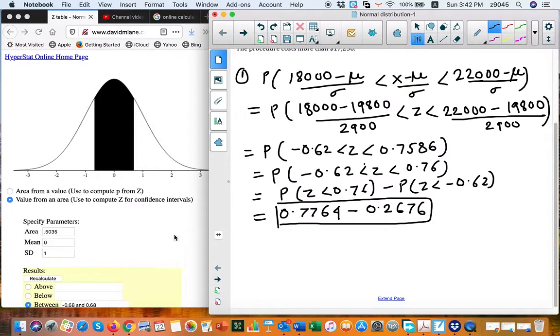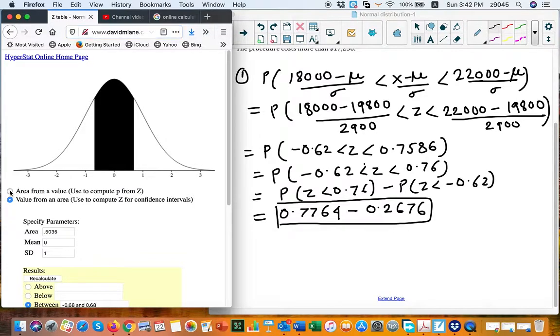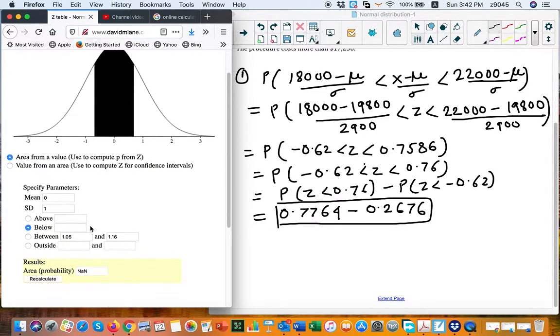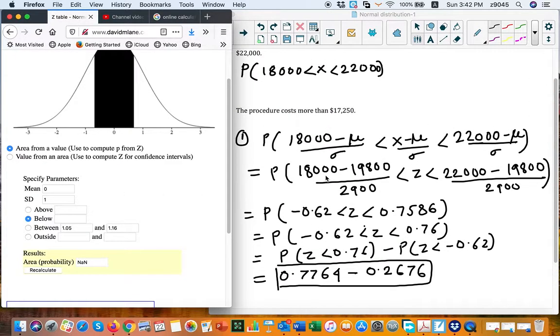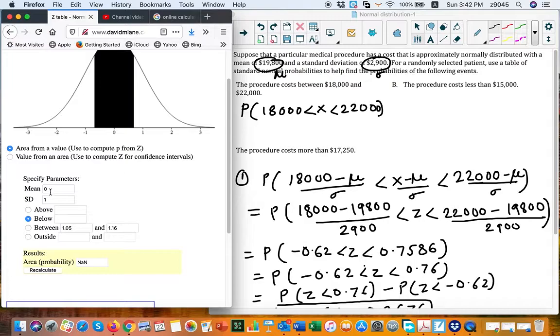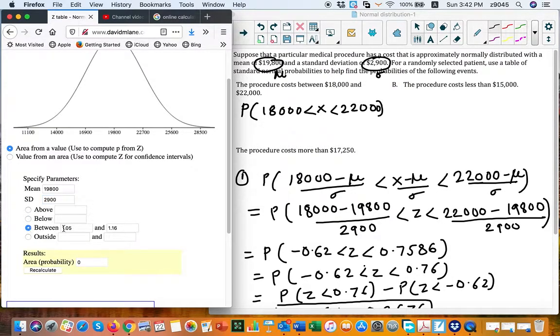Similarly, if I want to solve the same question using the calculator, I'm going to find the area from the given value. So I'm going to shift the tab here. The mean for the question is 19,800, and the standard deviation is 2,900, and we are calculating in between.